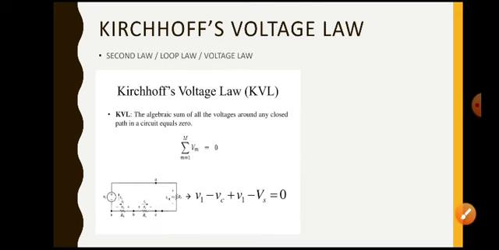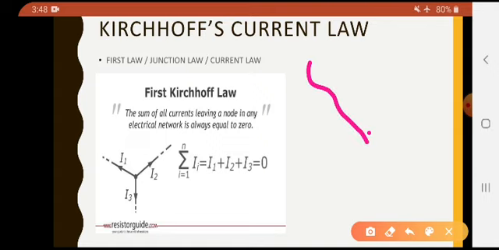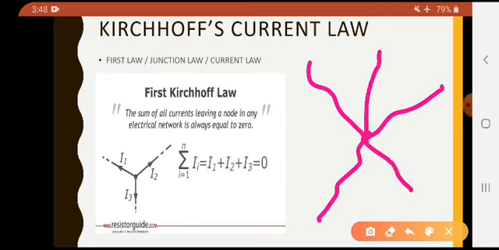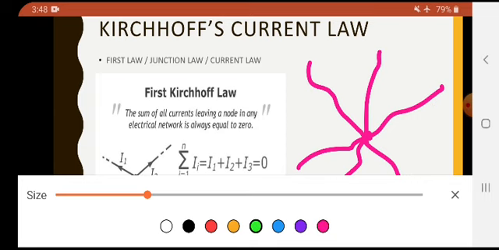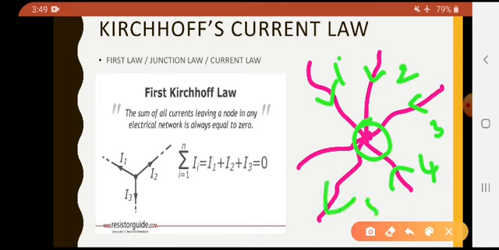For example, this is a point where a number of wires are connected. Now this point is called a junction. For example, currents I1, I2, I3 are coming toward the junction, current 4 is also coming towards the junction, and 5 and 6 are going away from the junction.